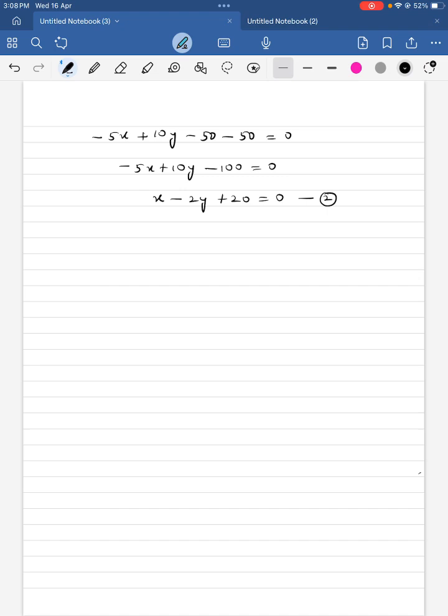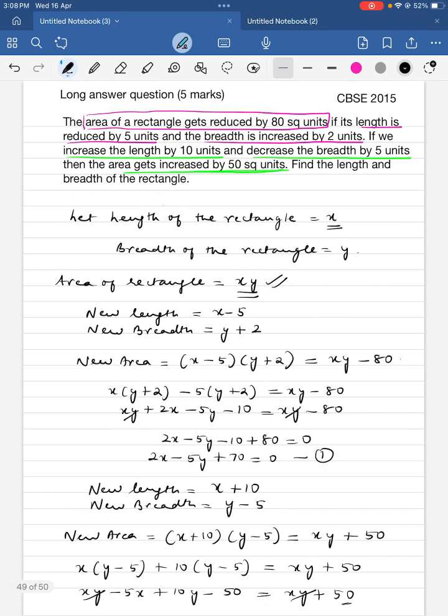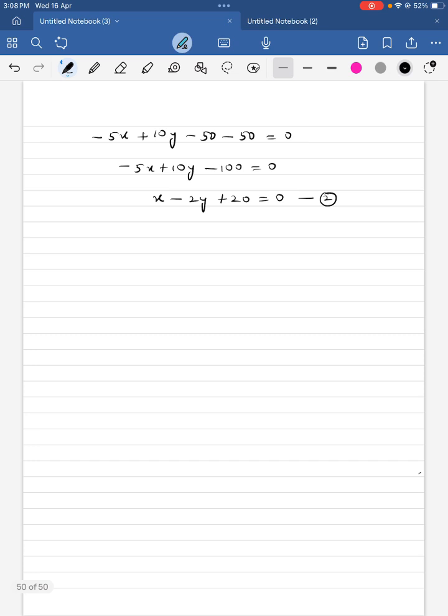Now we just have to solve both the linear equations, equation 1 and equation 2, together. The first equation that we got was 2x minus 5y plus 70 equal to 0. That's my first linear equation. And the second one is x minus 2y plus 20 equal to 0. Okay, let me use the elimination method to solve the equations.